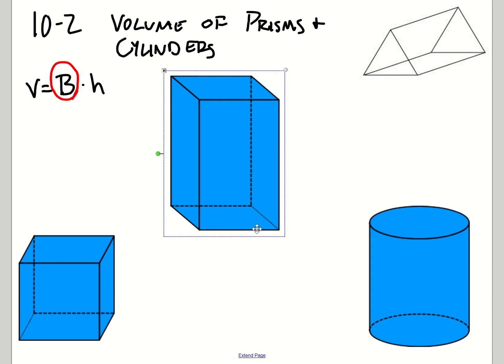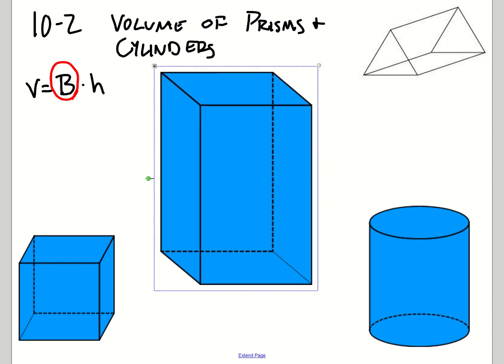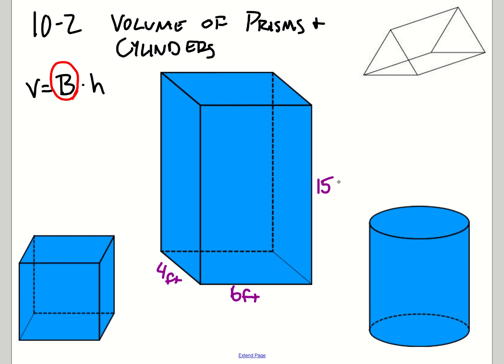What area do I have that exists on this? Or what volume do I have that exists on this prism? Well, so I would want to get some measurements here. Let's say that this side here is 4 feet. This side here is 6 feet. And my height is 15 feet.